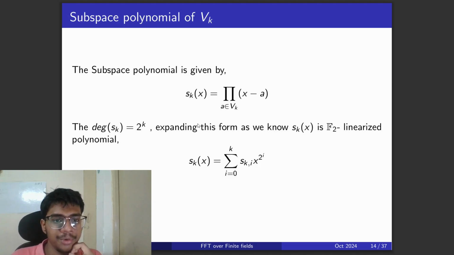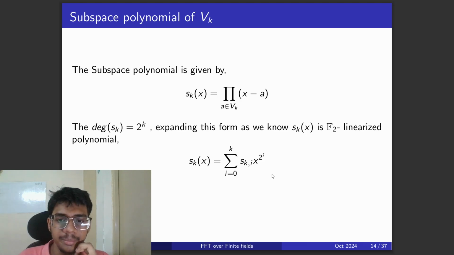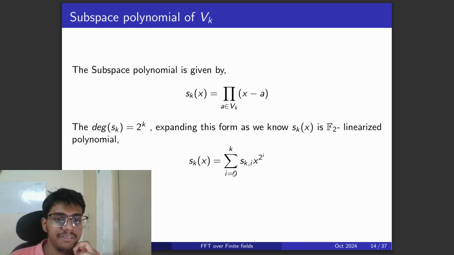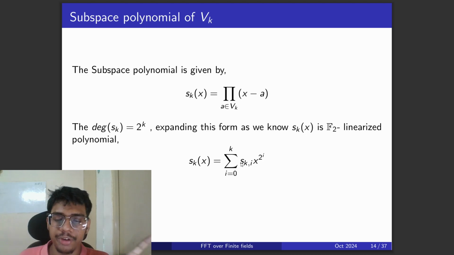Next, I'm going to expand this form. Expanding it, we will get a summation symbol here, where i varies from 0 to k, and we have some coefficients here, which belong to the finite field of dimension 2 to the power of m.